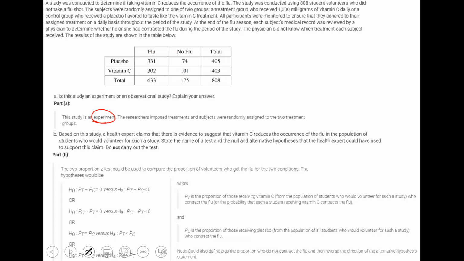In an observational study, there is no interference or involvement from the outside. So here, you need to mention something like, there were treatments imposed on subjects, or there was random assignment of treatments to the subjects. And treatment is the most important word here because that indicates that this was an experiment with some control and a non-observational study.